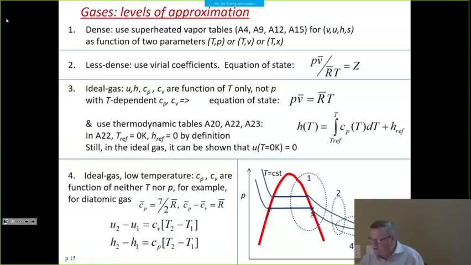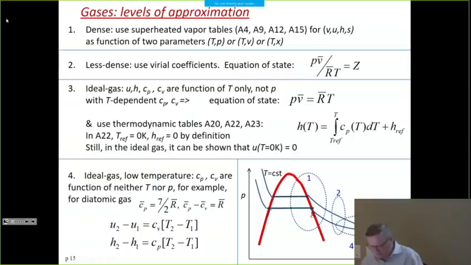So you can use these when Cp and Cv are functions of T only and not P, but they are still T dependent, which would be roughly the case here. Or if they're really not T dependent either, only P dependent, then you're at the extreme limit, and then you can use these super simplified equations that are here. That's sort of what you can do with gases, the gas part.